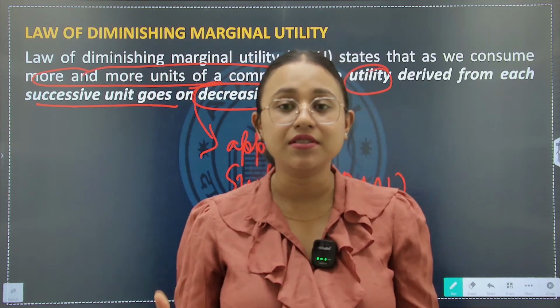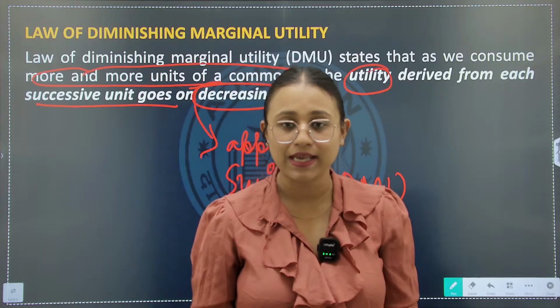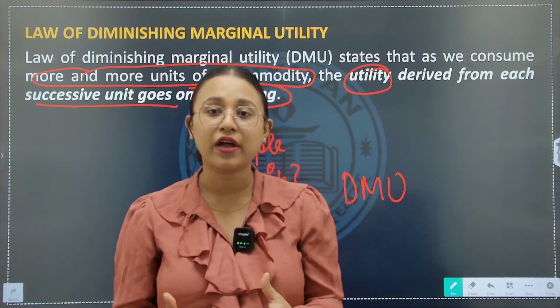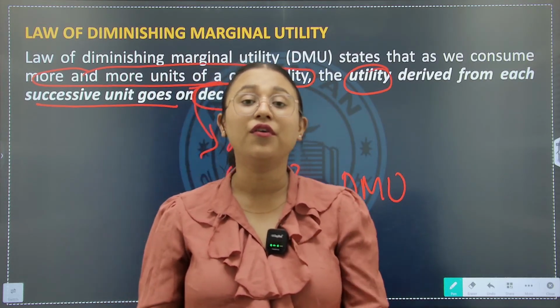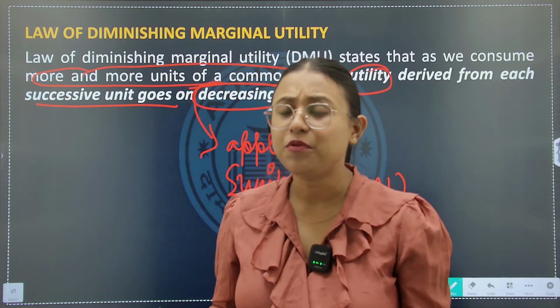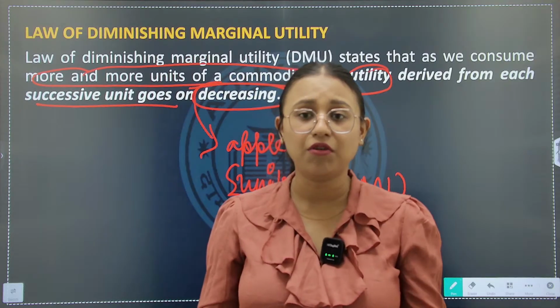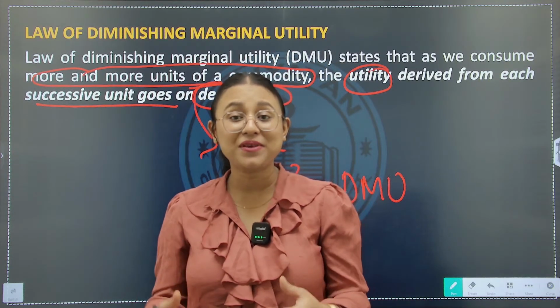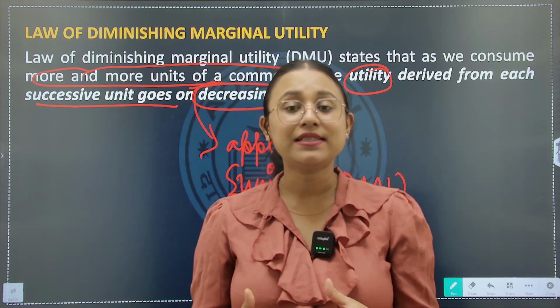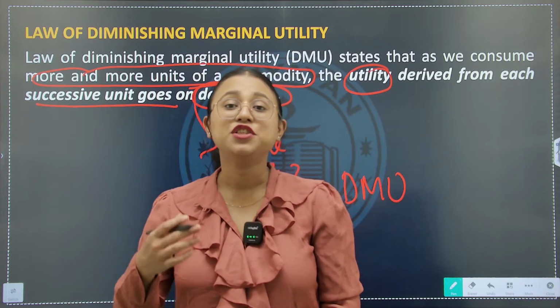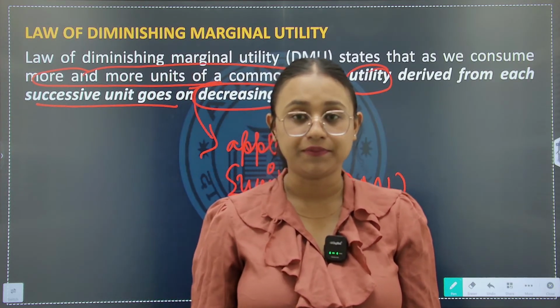Supposedly, I am a thirsty person, and someone brings in front of me a glass of water. Supposedly it's summer, just like the present times, and in the heat I feel thirsty, and someone provides me with a chilled glass of water.